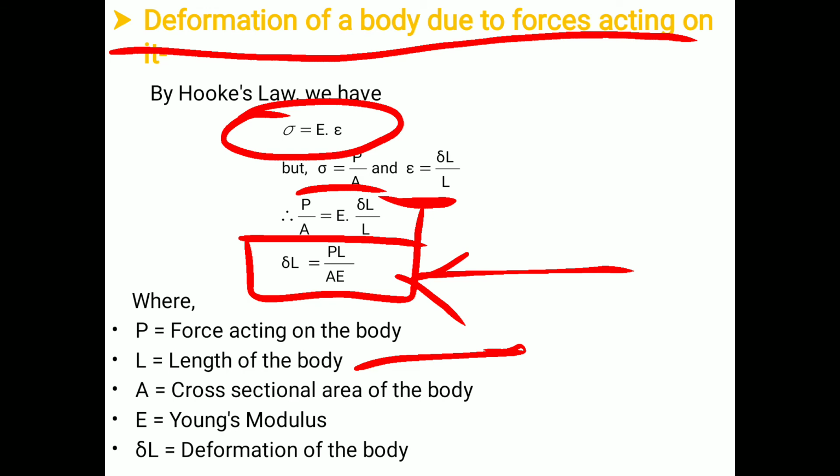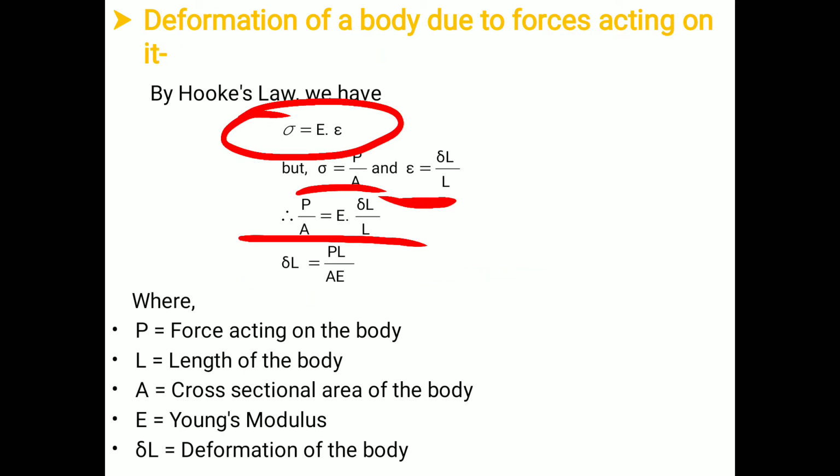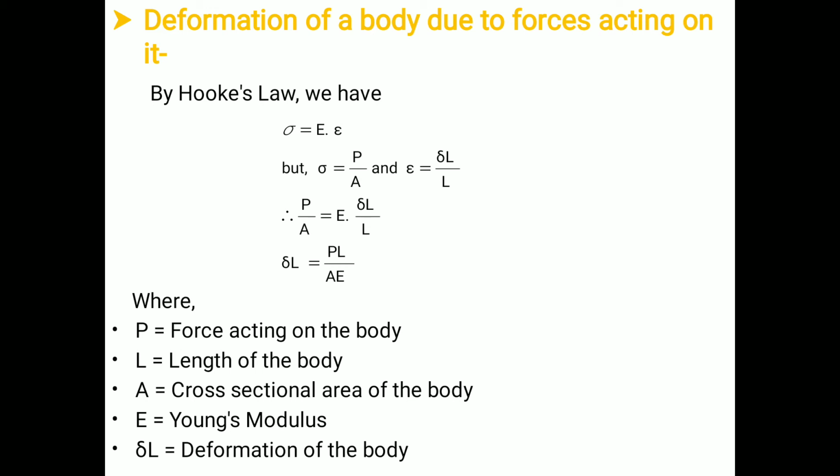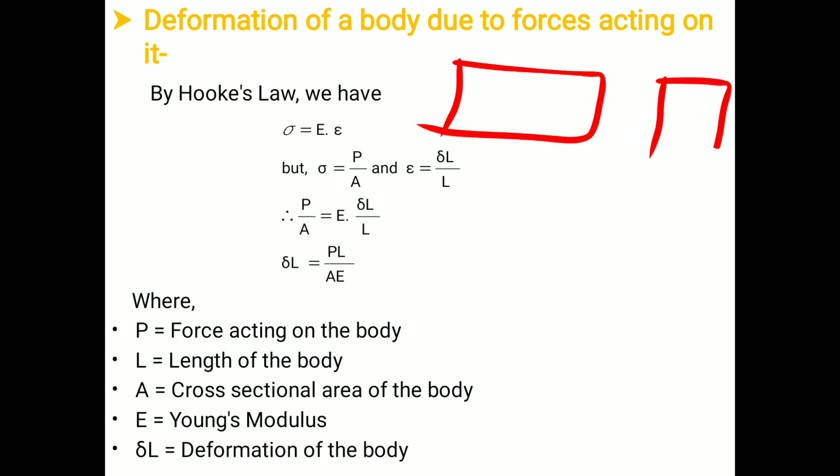For example, if I consider a prismatic bar or a rectangular bar, the cross-section of that bar will look like this. A is the cross-sectional area of the body, and E is the Young's modulus of the material. Remember that for a particular material, the value of Young's modulus remains constant. As the material changes, the value of E also changes.